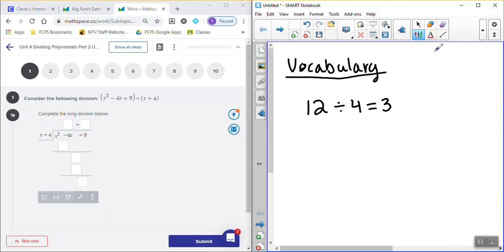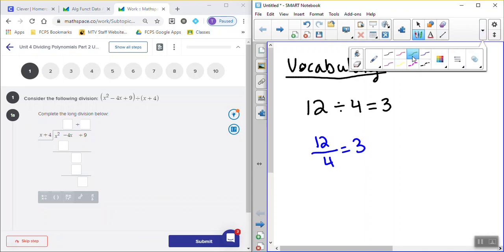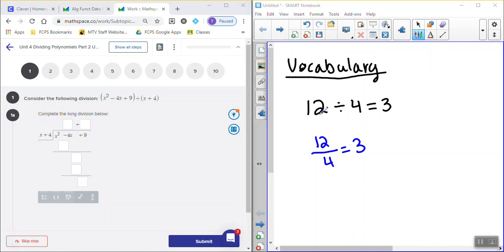Another way to write this is 12 over 4, and the answer is 3. The different parts of a division problem are the number that you're dividing, in this case our numerator. We call this the dividend.